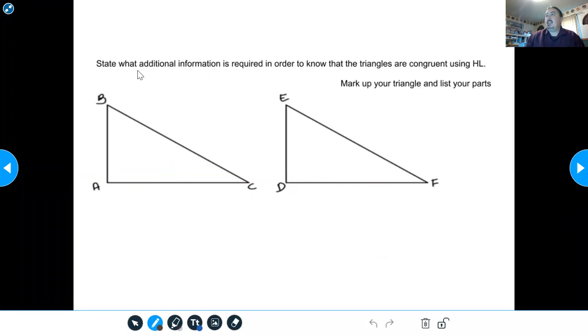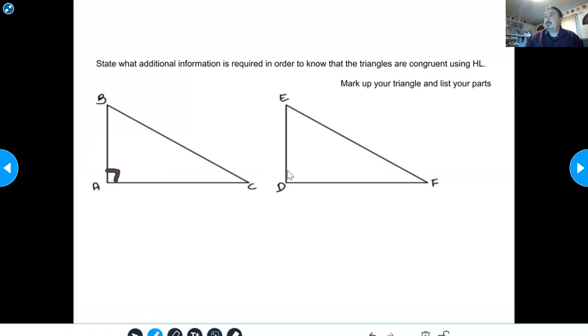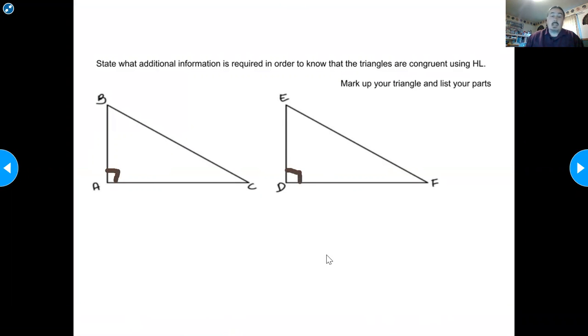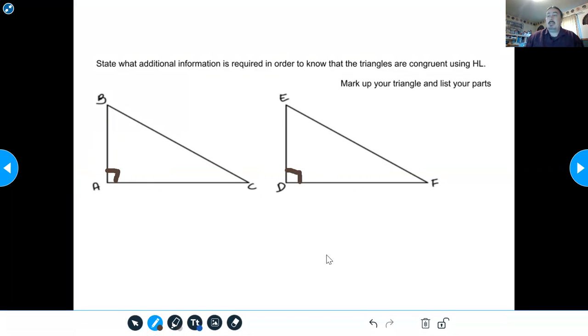So the problem like this: state what additional information is required in order to know that the triangles are congruent using HL. HL is hypotenuse leg. In order for these to be HL, first of all, the triangles have to be right. So that's one piece of information you absolutely need to know, that the triangles are right.